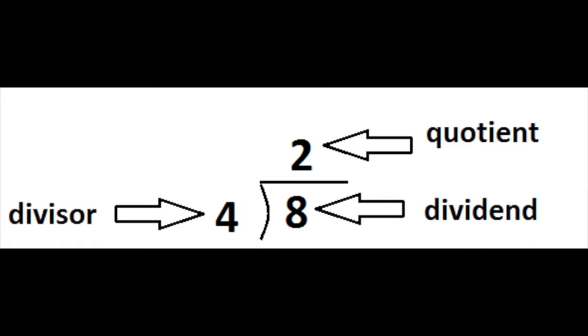The divisor is going to go to the left of the dividing bar. The dividend is going to go under the dividing bar. And the quotient, that is the answer to this problem, is going to go above the dividing bar.